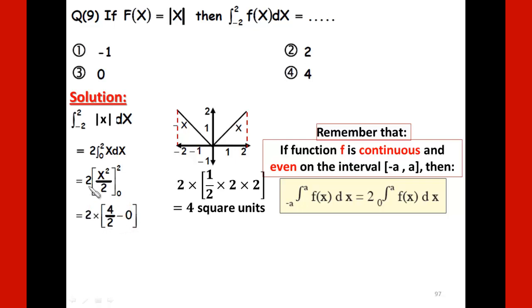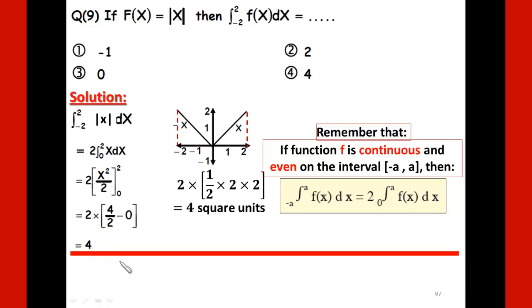We write 2 squared, which is 4, over 2, minus 0, substituting x equals 0, which gives 0. So the result will be 4 units. So the result equals 4.